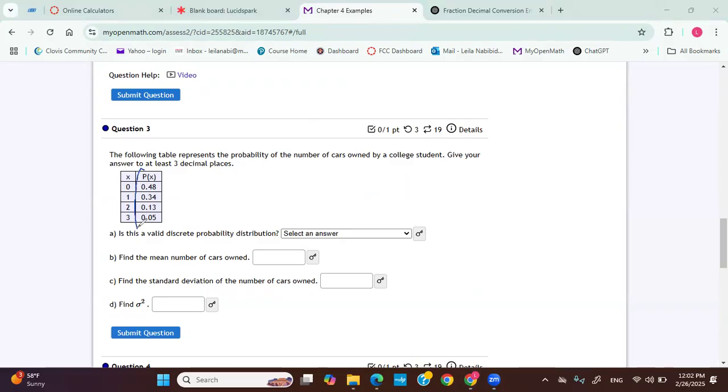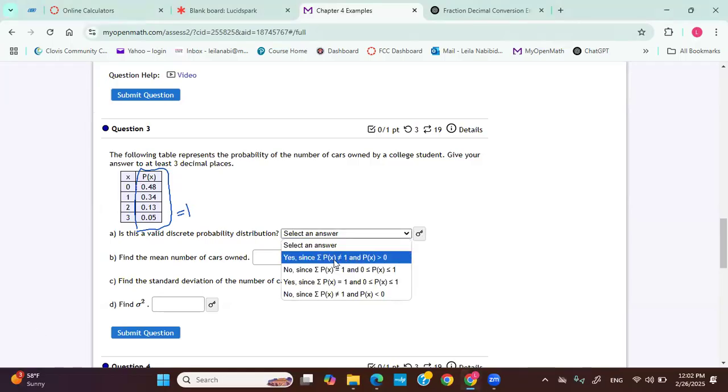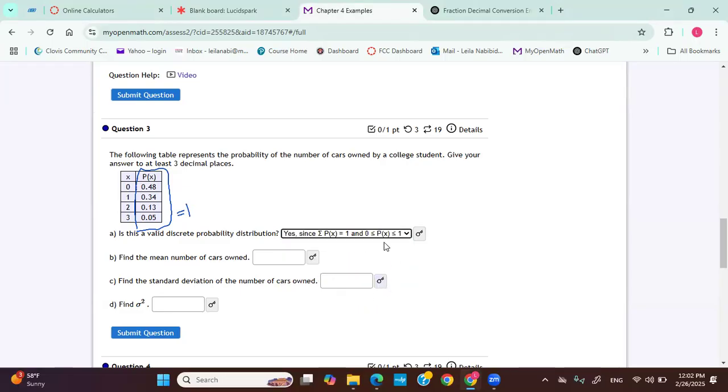And the sum of these probabilities must be equal to 1. And if you add these numbers, you see that yes, they add up to 1. So you can claim that yes, this is a valid discrete probability distribution, since the sum is equal to 1 and each probability is between 0 and 1.